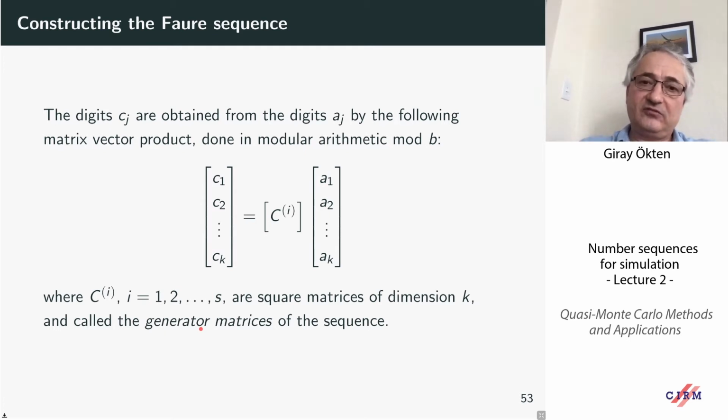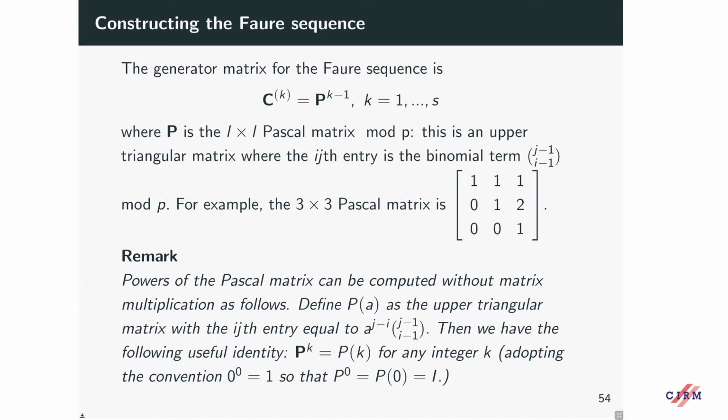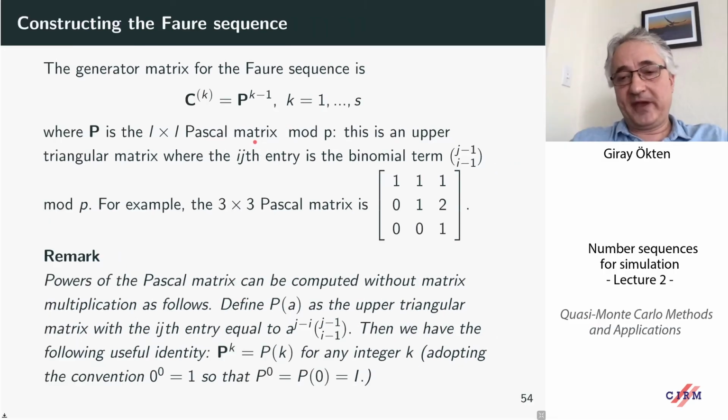And different digital sequences have different generator matrices. And for the case of the 4 sequence, the kth generator matrix is P to the power k minus 1, where P is the Pascal matrix mod p.